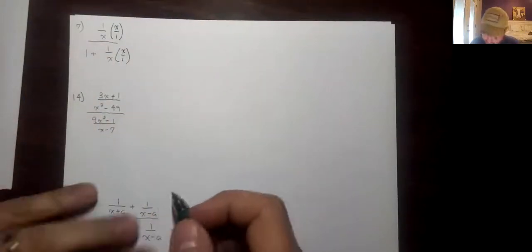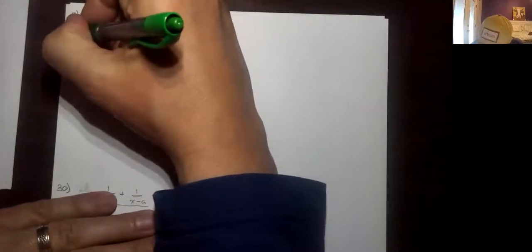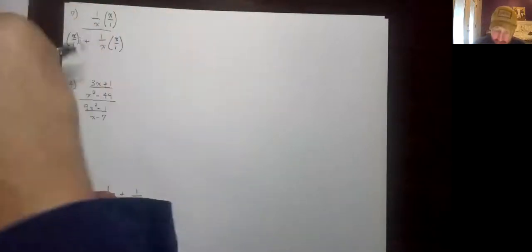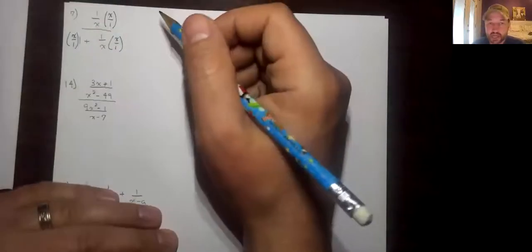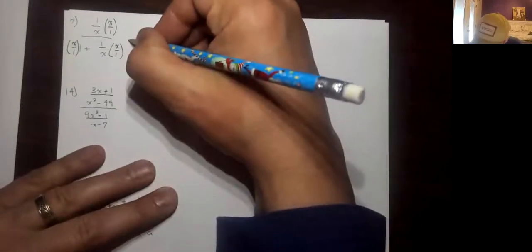So my LCD in this case is x, and we'll just say x over 1 to go that route. Now, and well, I'll put it over here to the right. You can treat it as x plus 1, or you can just say x. It depends on how your mind works, doesn't really matter.